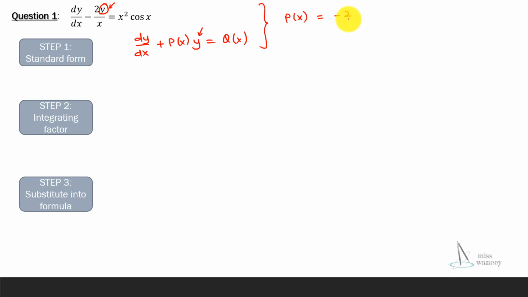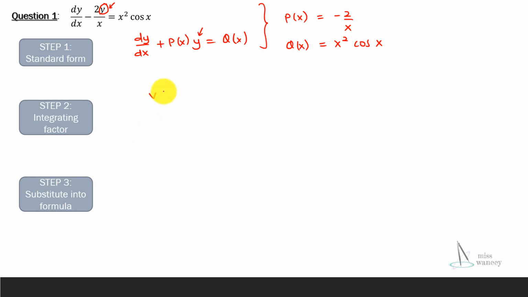So P(x) is negative 2 over x, and your Q(x) is x squared cos x. So that is the first step. Make sure the coefficient of dy/dx is 1, and then write down your P(x) as well as your Q(x).